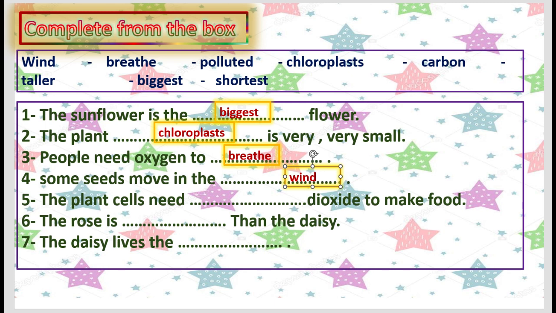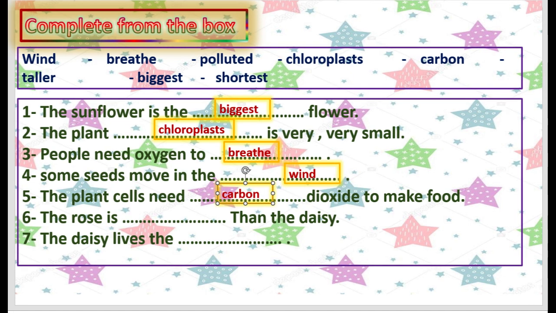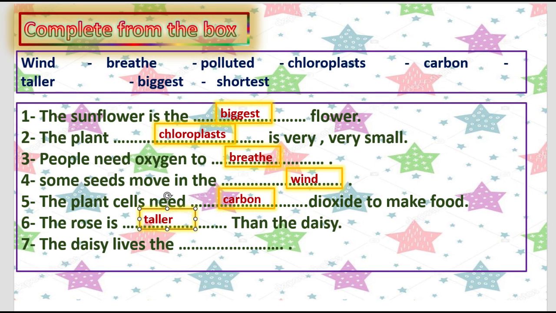The plant cells need dioxide to make food. Carbon. Number 6. The rose is than daisy, taller. Number 7. The daisy lives the shortest.